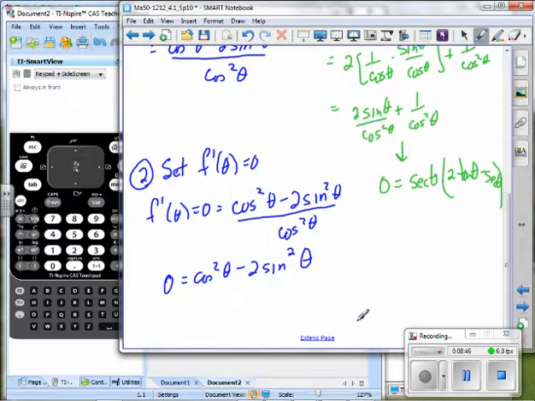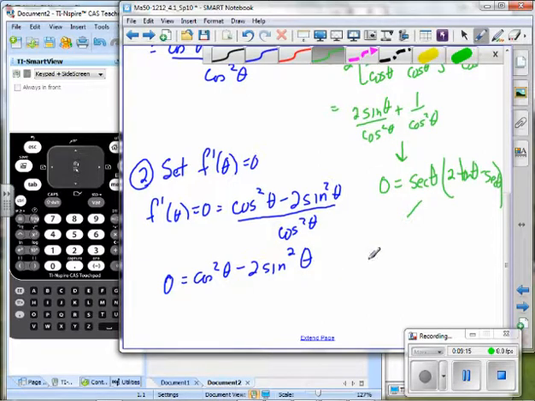I just said it, so hopefully you can go back on the video and see that. If I have 2 factors and they equal 0, that helps me out, doesn't it? 2 factors equal to 0 tell me that one of the factors has a 0 value, so either secant theta is 0 or 2 tangent theta minus secant theta is equal to 0.